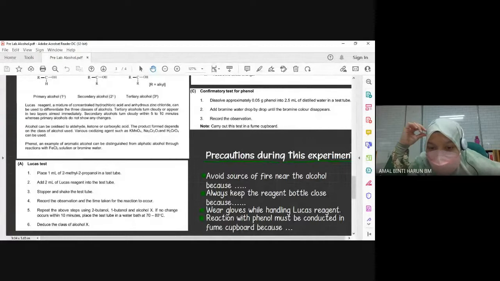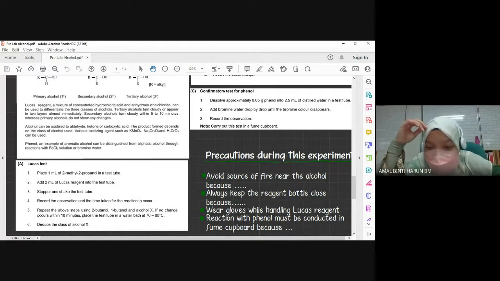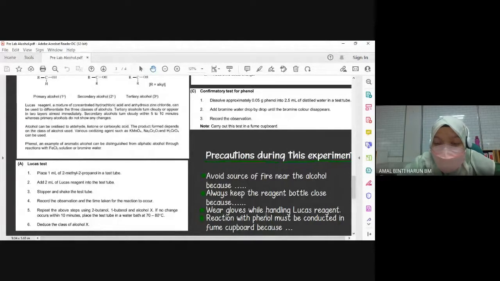Nombor 4, reaction with phenol must be conducted in fume cupboard. Sebab apa? Fume cupboard tu, yang ada satu macam warna biru dekat sudut makmal tu, kat tepi whiteboard tu. Lagi tahulah kan fume cupboard.